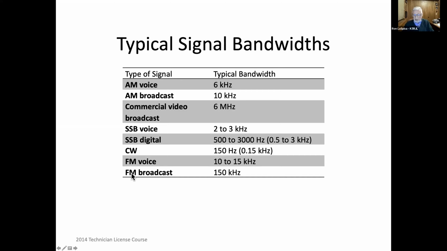However, when you get to the broadcast band, if you turn on your FM radio in your living room and listen to music, the bandwidth that they allow there is much higher than the bandwidth that we are accustomed to on ham radio. Look how much higher it is. It's 10 times bigger than the voice bandwidth that we have on our ham radios. Some of these are the things that you might get on your license. So now we're going to see some of these questions.